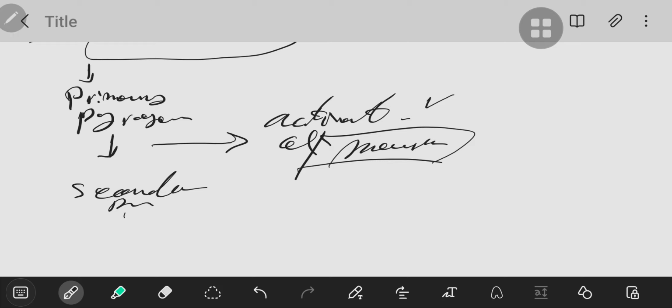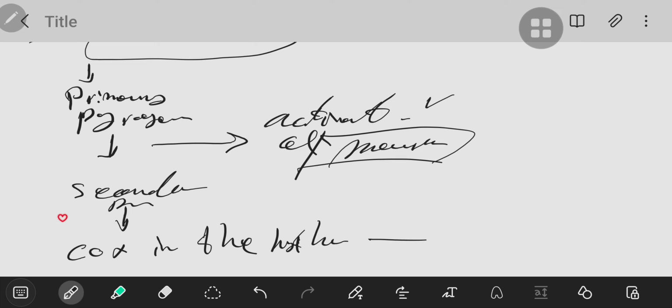After that, what's going to happen? The part which is responsible for the fever is the hypothalamus, as we learned in physiology. So there is activation of the COX in the hypothalamus.